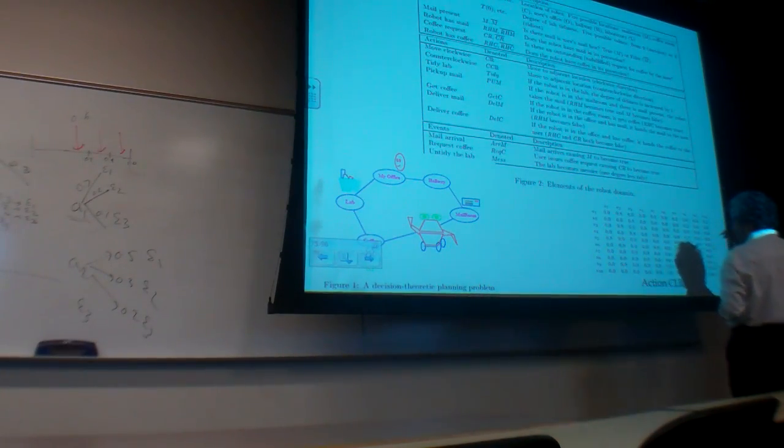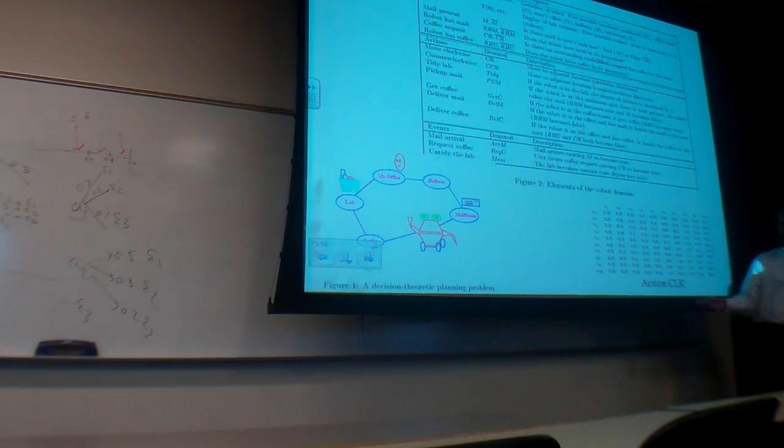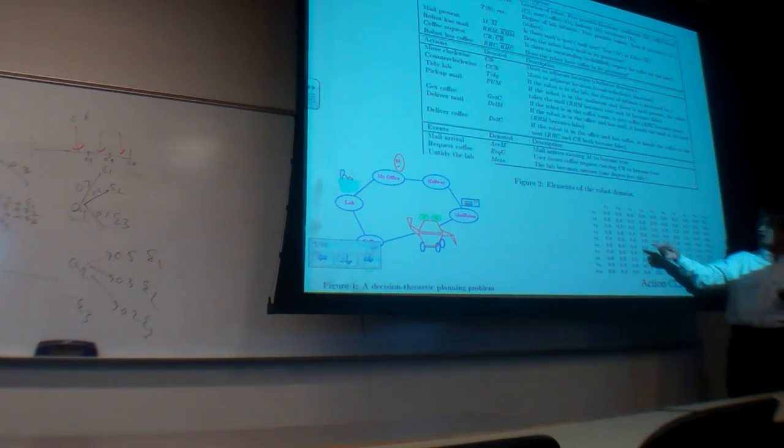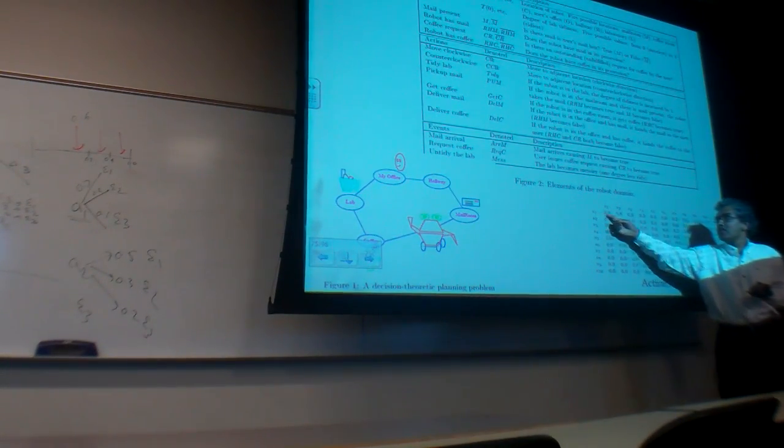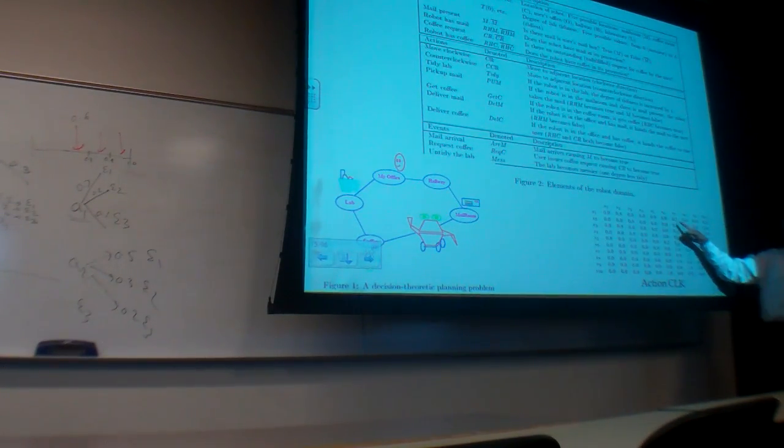If it tries to move clockwise, and there are 10 states in this world, this is the description of the action. You'll see that if you do this action from state S1, you'll get into state S2 with 0.8 probability, S7 with 0.2 probability, and then S10 with 0.2 probability.